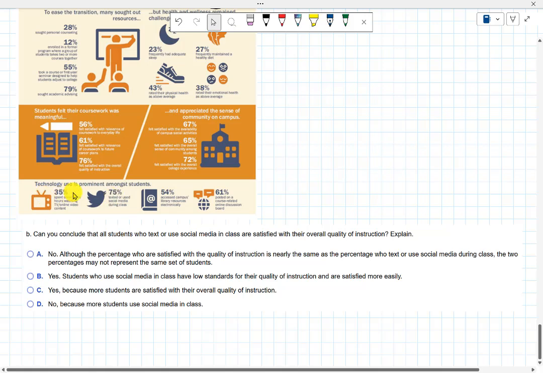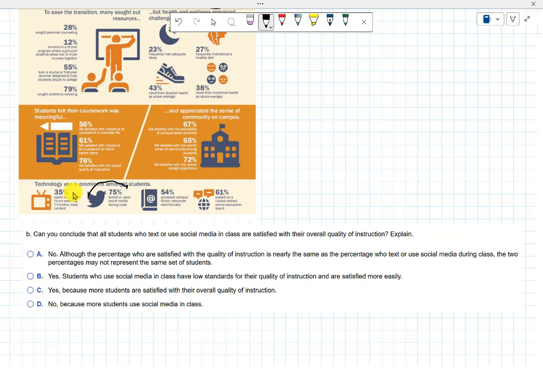So this tells me where to look. All students who text or use social media. Let's take a look. So we have 75% of the students used it, but are they satisfied with it? No, I don't think you can, because there's no connection. There's nothing there telling them about their satisfaction level.